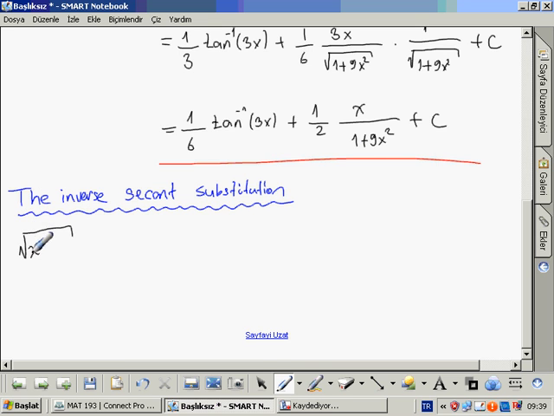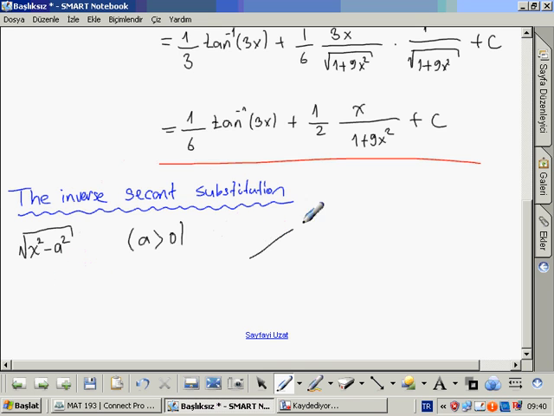Square root of x square minus a square: when you solve this form in the denominator part of an integral, you can apply this substitution.